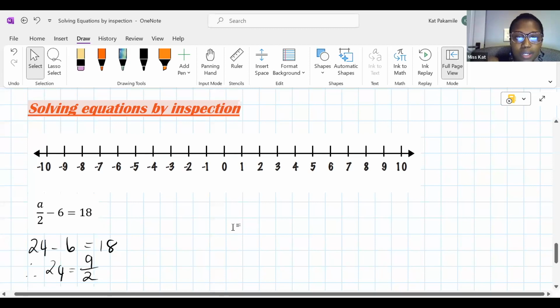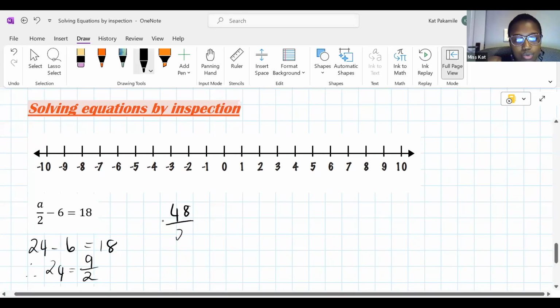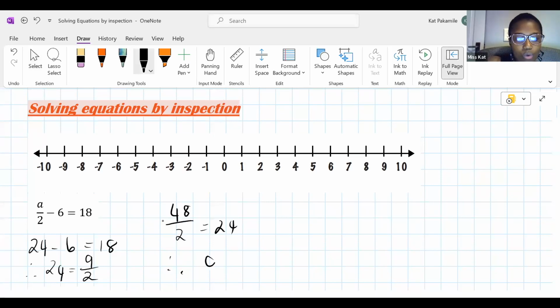What divided by 2 will give you 24? Divided by 2, not times, Leah, be careful. Which number divided by 2? There we go, Leah. Beautiful. I like when you fix our mistakes. 48 divided by 2 is 24. Therefore, A is equal to how much, everyone?